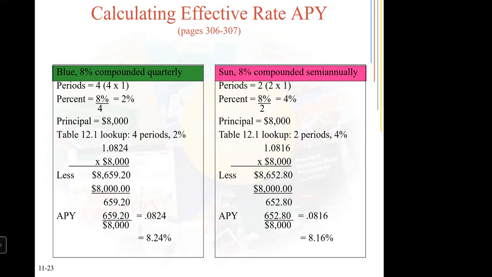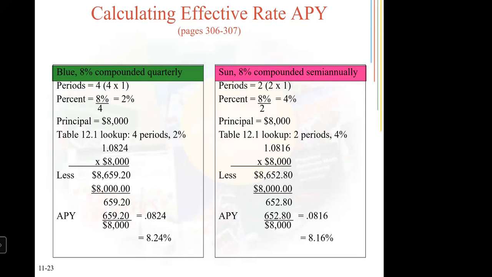Same interest rate, 8% for both, but one is compounding quarterly and one is compounding semi-annually. Because the Blue bank is compounding quarterly, they would have 4 periods, and each time it would be 2%. The other bank that is compounding semi-annually would have 2 periods per year, and each time would be 4%.